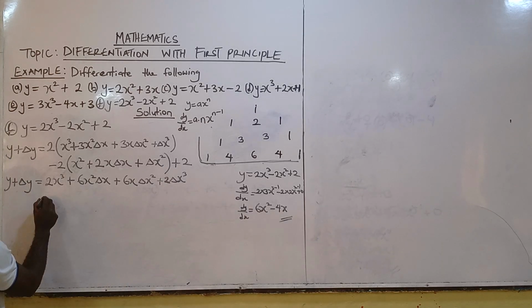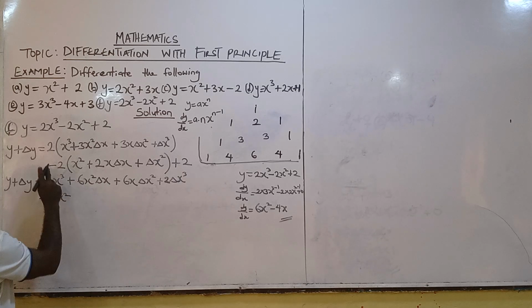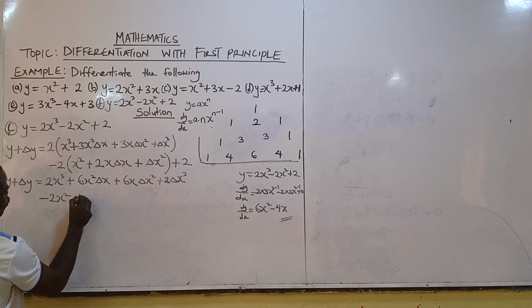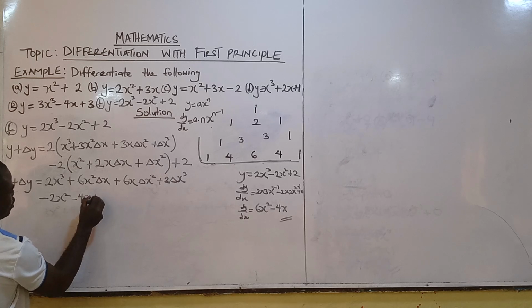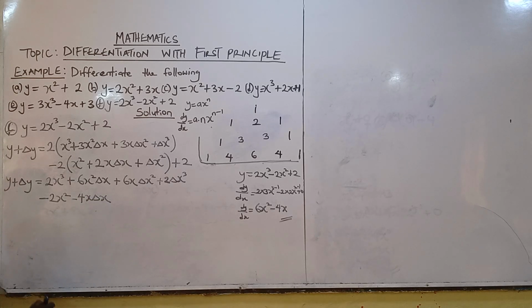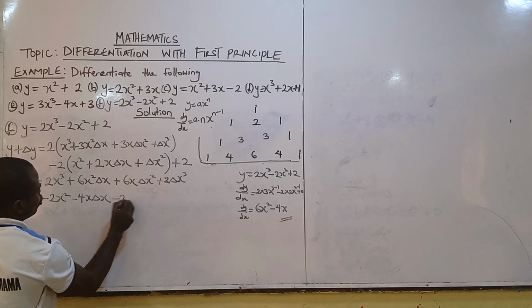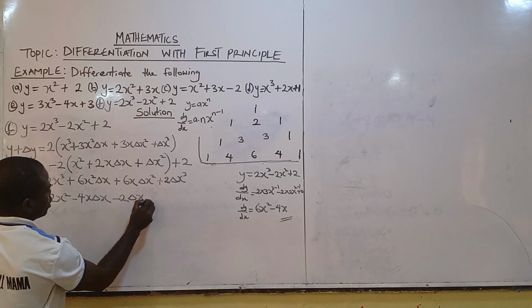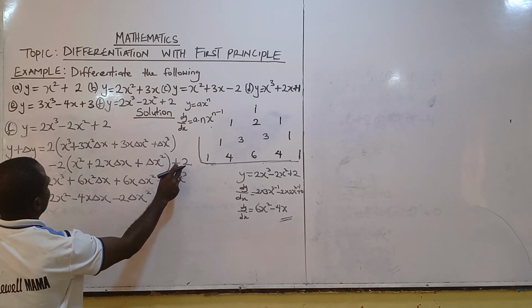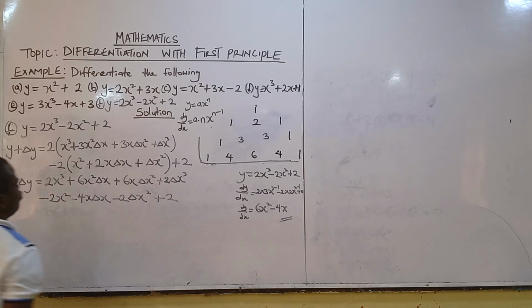Now let's open the next one: minus 2x squared, minus 2 times 2, that's minus 4x dx, minus 2 dx squared, plus 2.